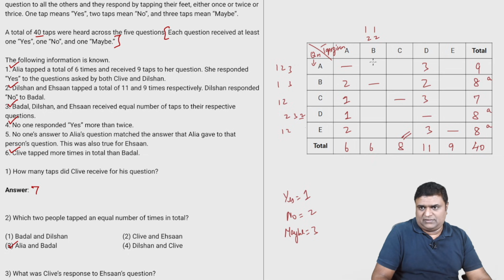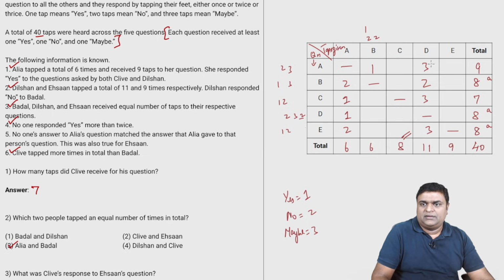So if B gave something to A, then A gave to B a different number. So 2 over here, you can't have 2 again. If this is 2, this can't be 2. Now the only possibilities are 1 and 2, right? If 2 is not possible, this has to be a 1. That's it. And 1 is done. We have filled up a 1 from there. We've also filled up a 1 from here.